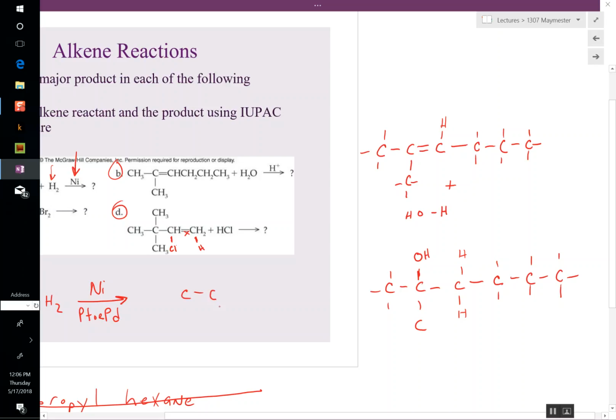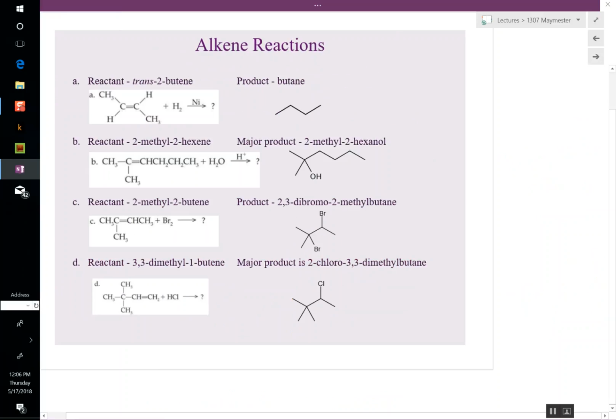So we're going to get a compound like this. And there they are, but they've put them in line formulas there. But that's the products.